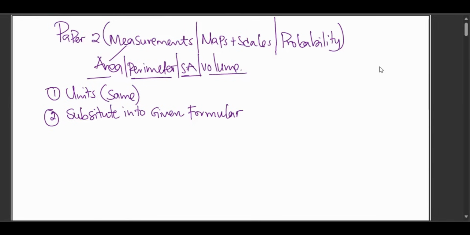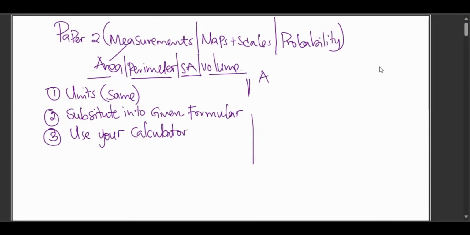Where it says radius, put the radius. Where it says the height, put the height. Don't give up. Step number 3, please use your calculator properly. Don't give us answers that are half-baked. Try to remember some formulas if it's not given.